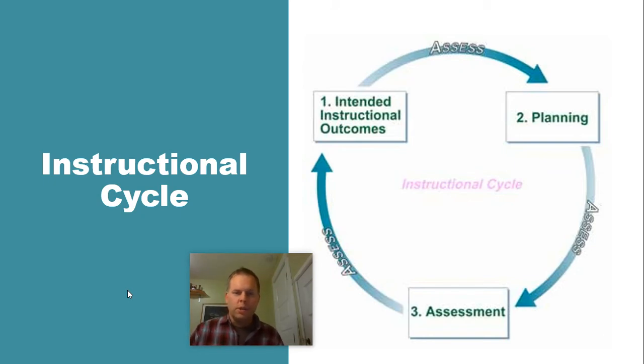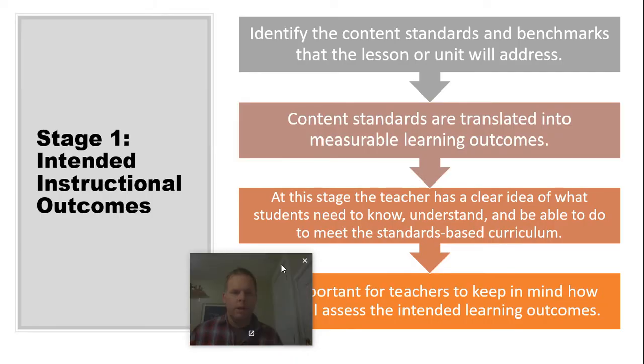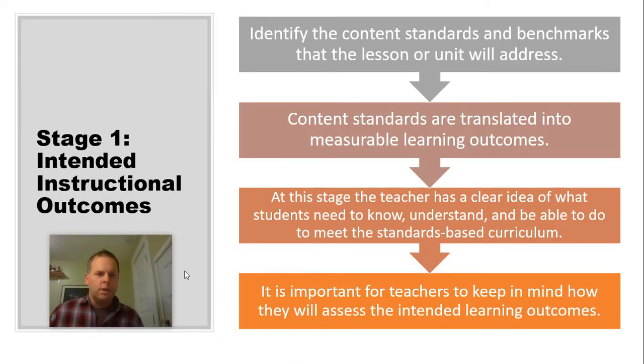So the instructional cycle consists of 3 main phases or steps: the intended instructional outcomes, the planning, and the assessment part. And again, we'll dive more into that. Stage 1 of the instructional cycle essentially is doing that upfront planning and trying to develop what are those content standards or benchmarks that we want to address with this learning or instructional cycle.